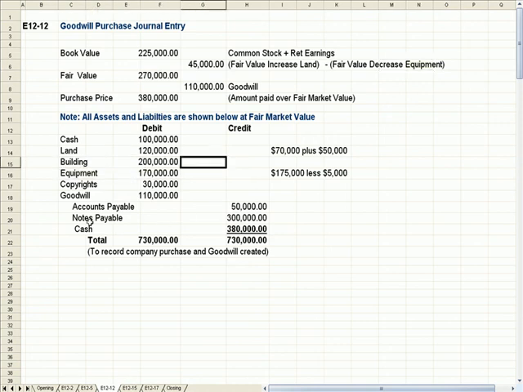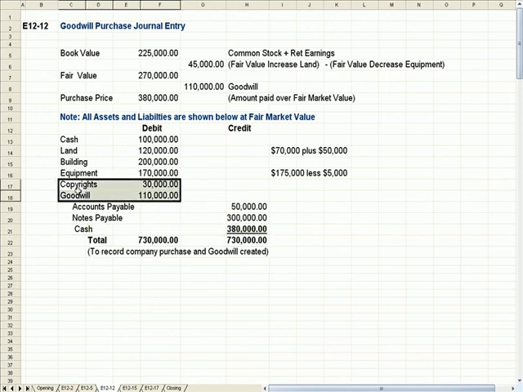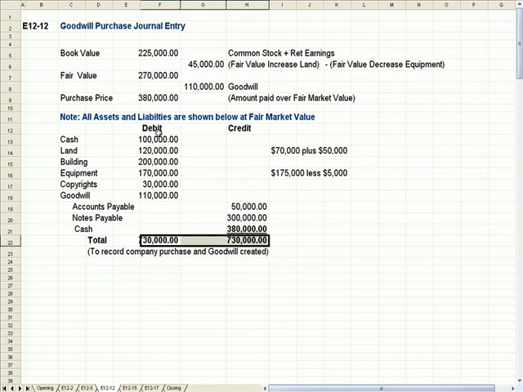Once we set that up, we record the purchase price as a credit to cash, and to make the entry balance, we need to debit an account to make the total debits equal total credits, and that debit is going to be to an account called Goodwill, because if we enter that, we have total debits equal total credits, and the purpose of this entry is to record company purchase and goodwill created. Goodwill is an intangible asset, which is why that question was included in this set.